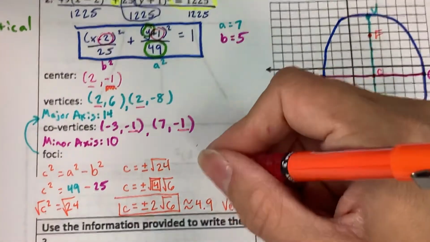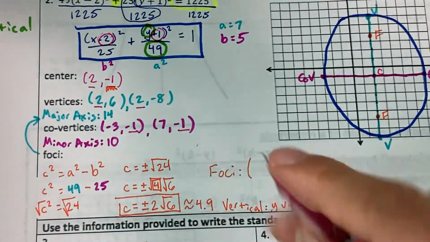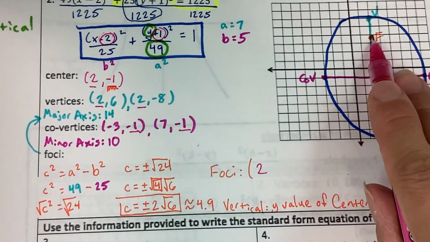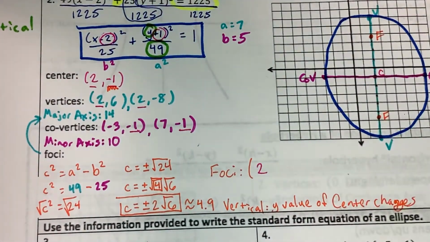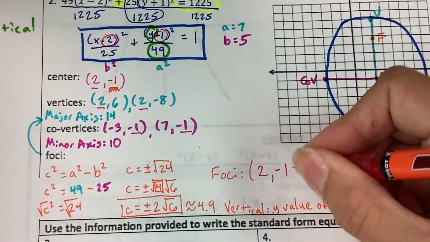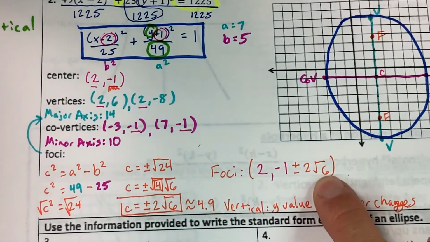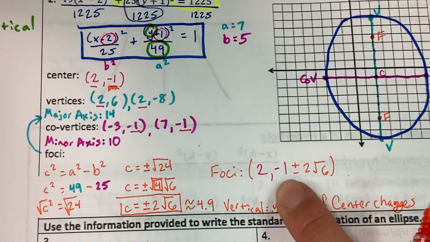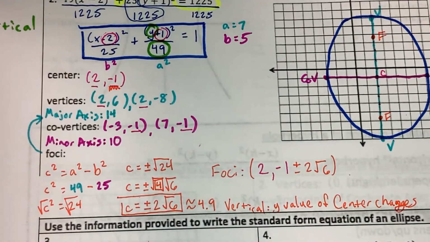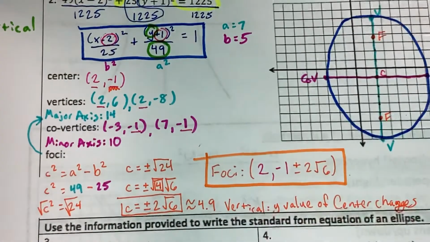But writing it in that proper form with the radical, the 2 of the center stays the same. So this is 2 something and 2 something. And then our y value is -1 plus or minus 2 rad 6. And again, we cannot simplify this beyond simplifying the radical, so it stays -1 plus or minus 2 radical 6, and that would be the location of those foci.